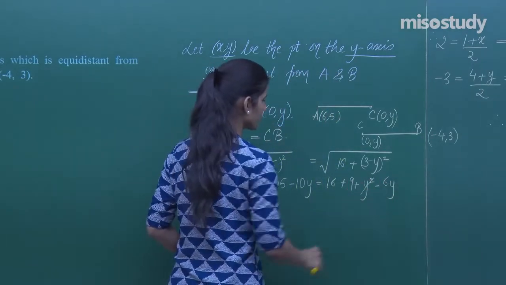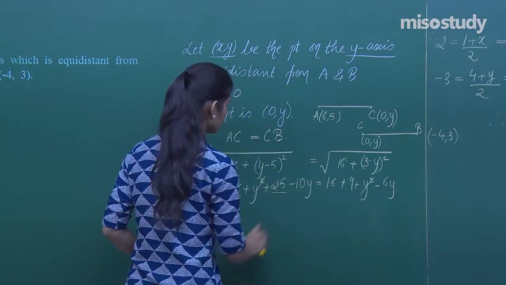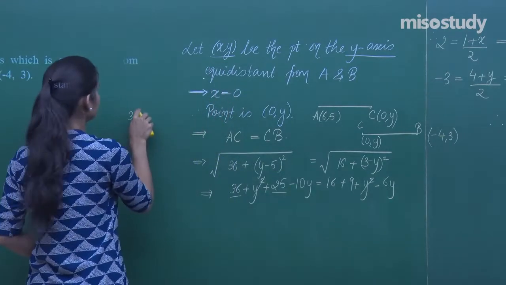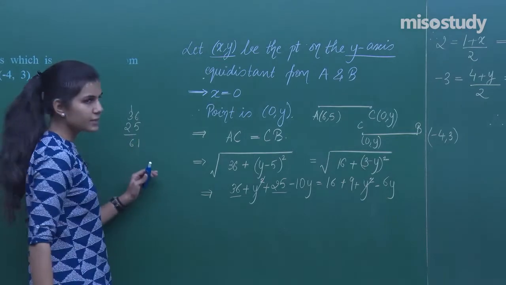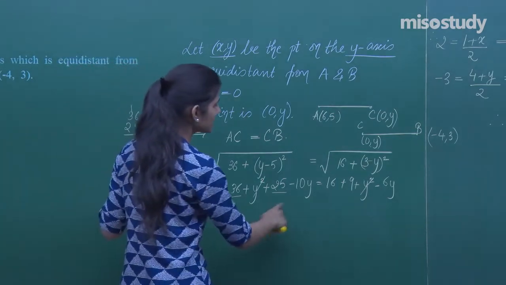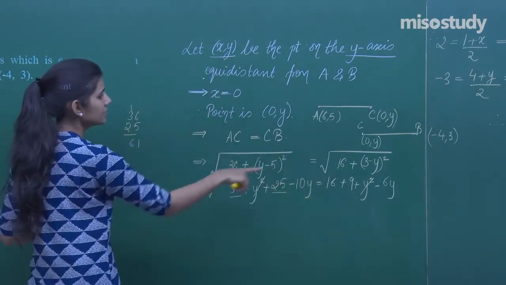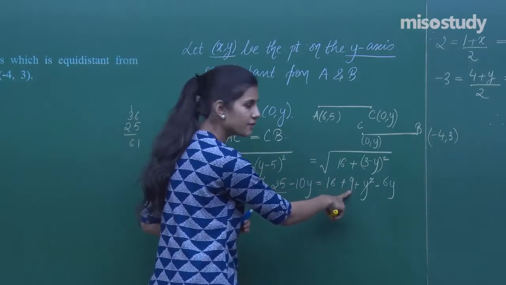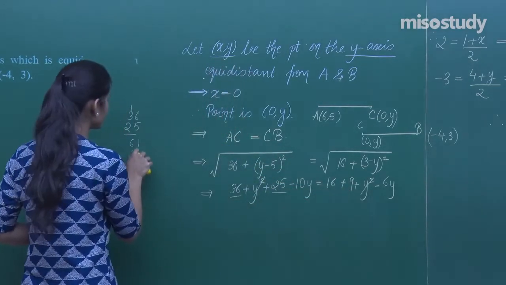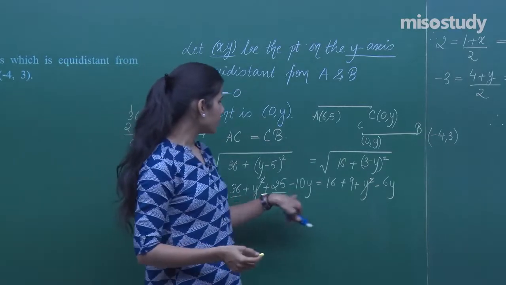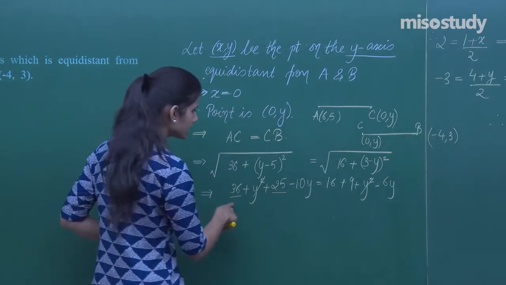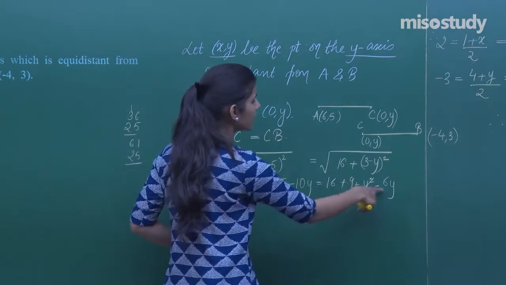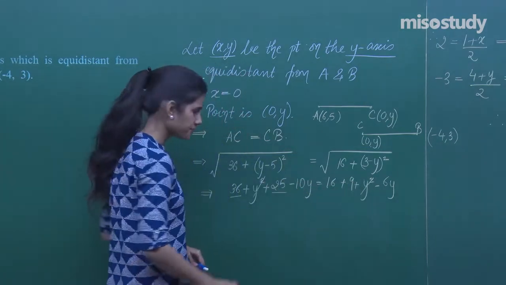So y square cancels out. 36 plus 25 gives you 61. 61 minus, this is what, 16 plus 9 is 25, so 61 minus 25 straight away if I do, or let me do this thing, this is 25, this is 25, cancels out, I am just left with 36. So it is 36 minus 10y plus 6y.